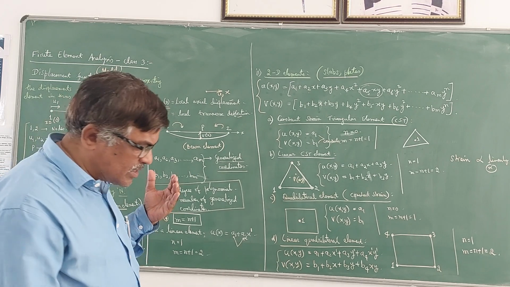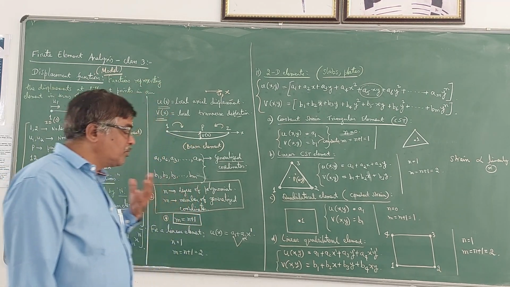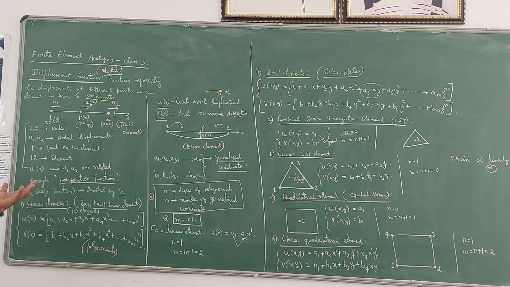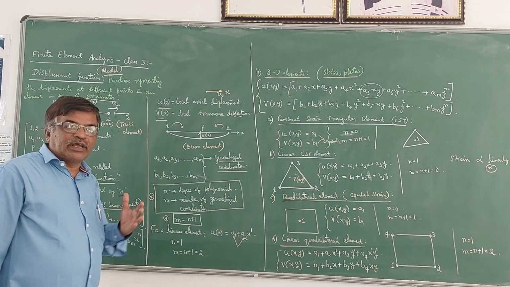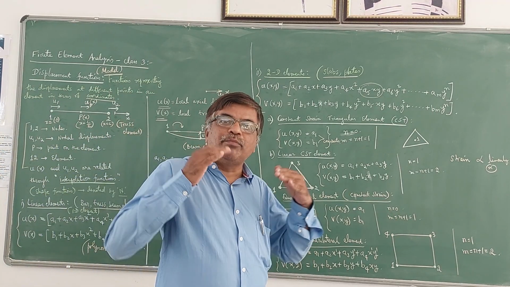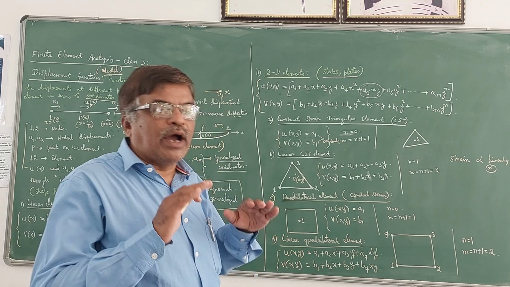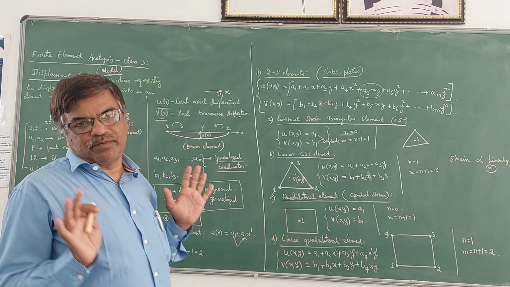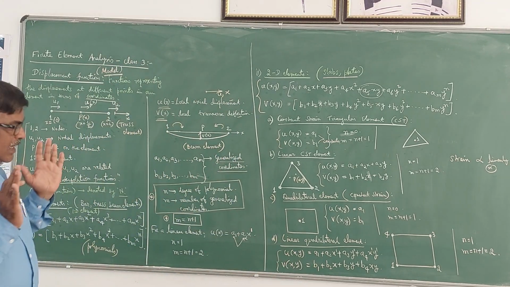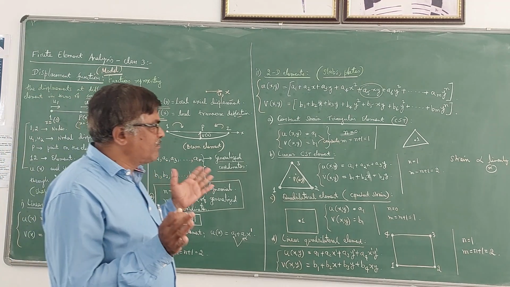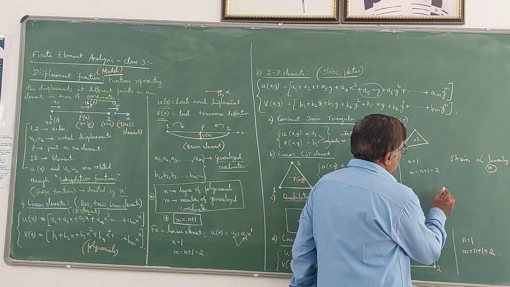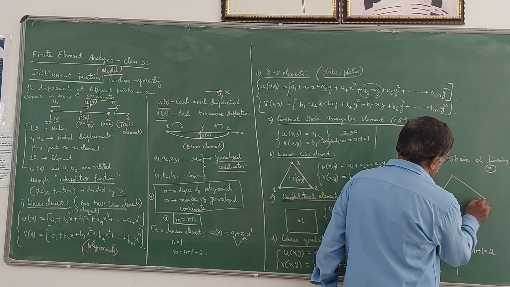So shape functions, or interpolation functions, are the functions through which we can obtain the displacements at any point in an element by knowing the nodal displacements. That is the reason, because normally in the case of structural analysis, you may be having a truss something like this.